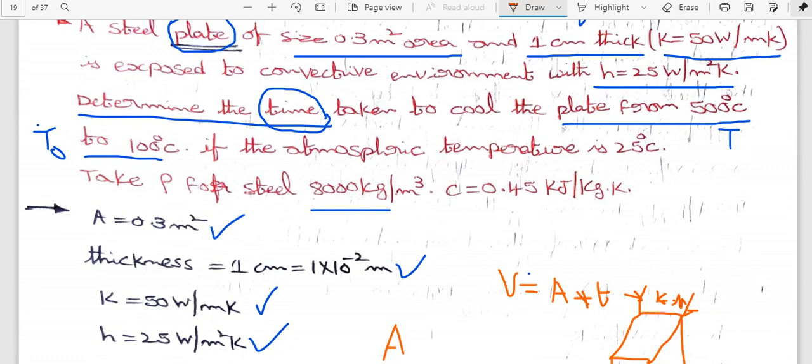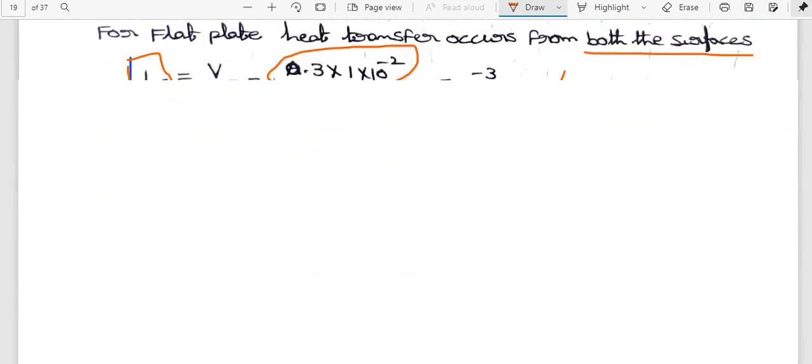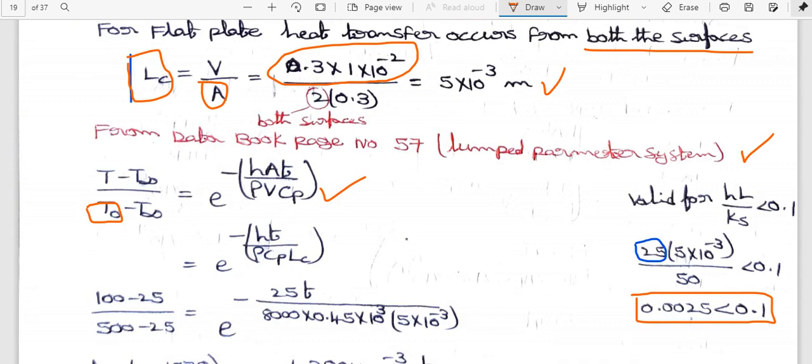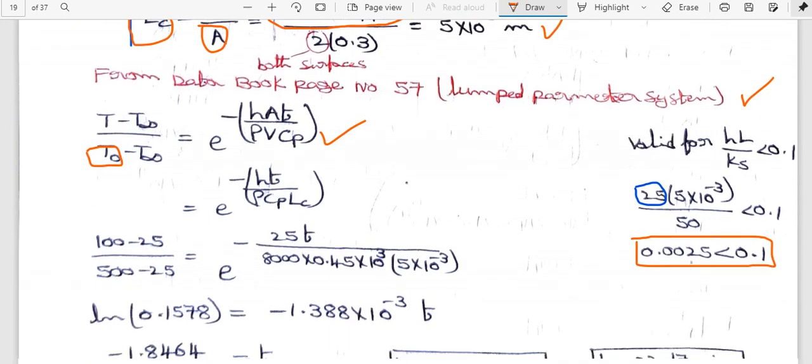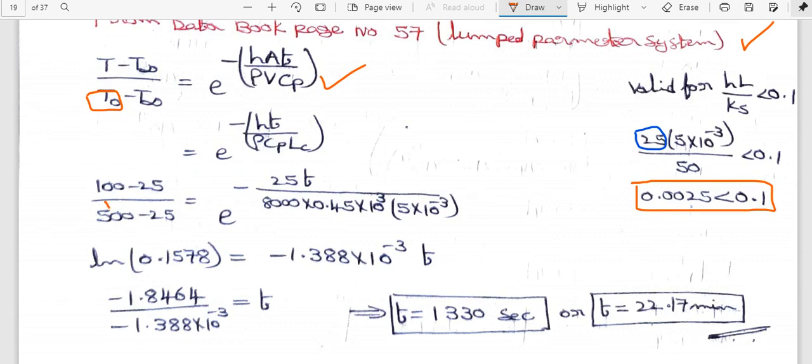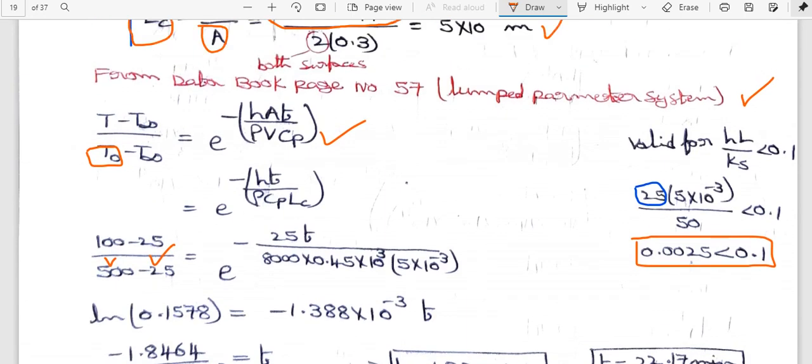That's why I am considering T is equal to 100, and T naught is equal to 500. And ambient temperature, or atmospheric temperature, T infinity is 25. So now I can substitute these values in this equation. So T equal to 100, T infinity equal to 25, T naught is equal to 500.